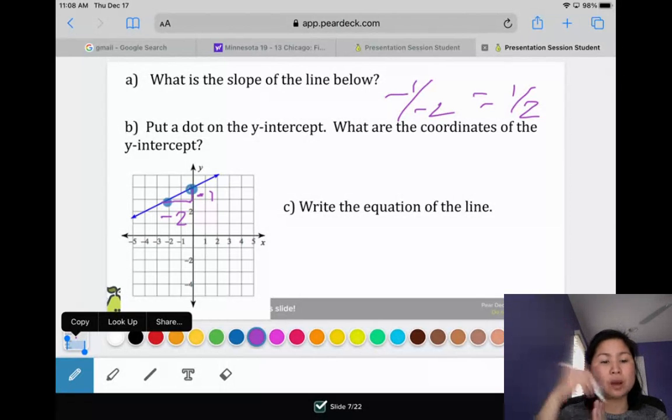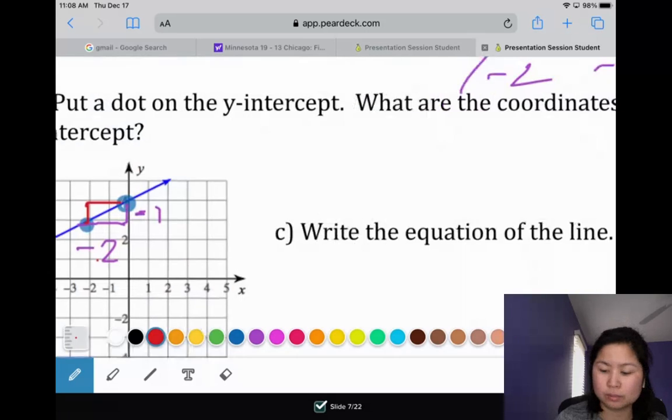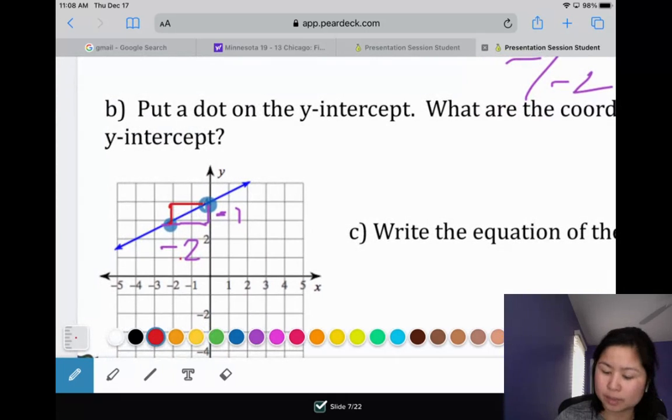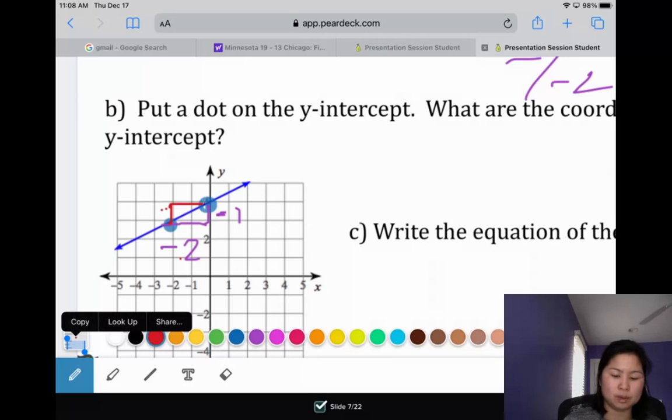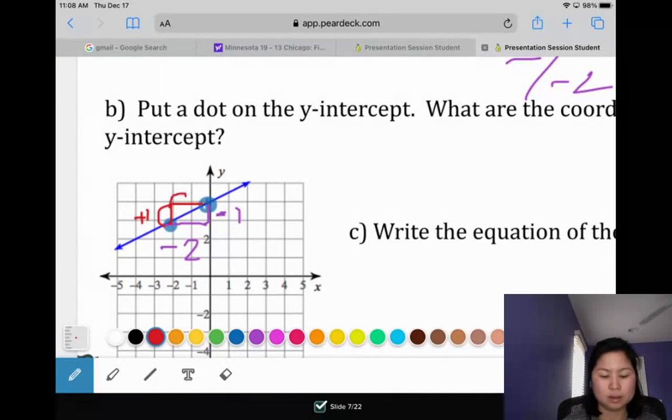If you chose to draw the square below it, for some was like, Ms. Lynn, what if I draw the triangle up here? That is okay too, because think about this. If you're gonna count, you go up 1, that means +1, and then you go to the right twice, that's +2.